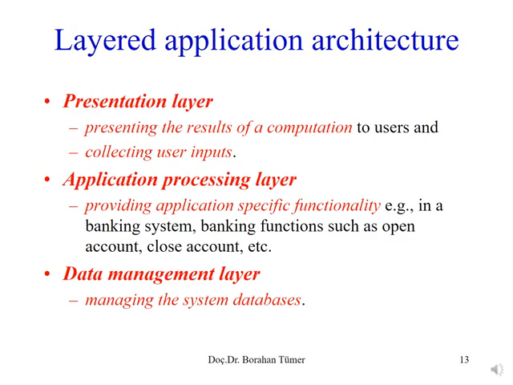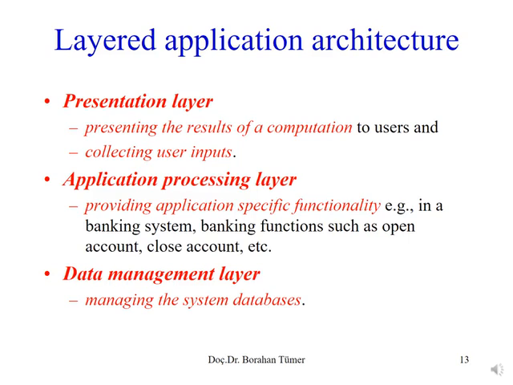Another architecture type for distributed systems is the layered application architecture. In this type of architecture, we can distinguish between 3 different layers. The first one, which is closest to the user, is the presentation layer. It presents the results of a computation to users, and it collects user inputs. Another layer is the application processing layer. It is connected to the presentation layer.